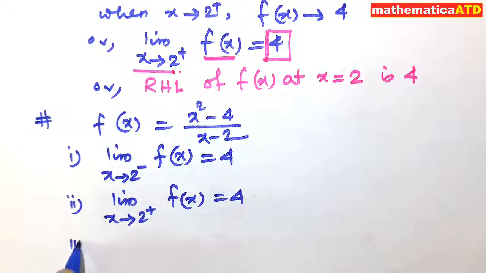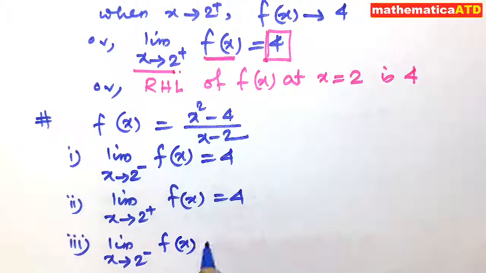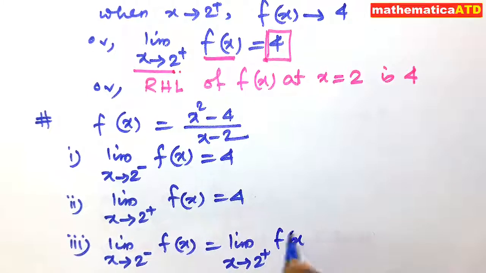Number 3, limit x tends to 2 minus of f(x) is equal to limit x tends to 2 plus of f(x).